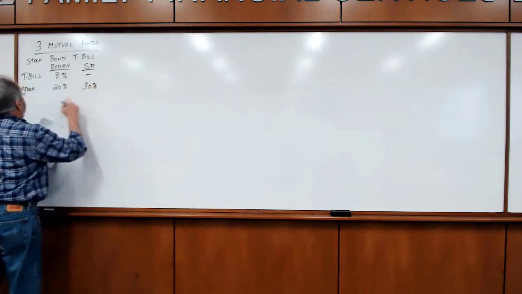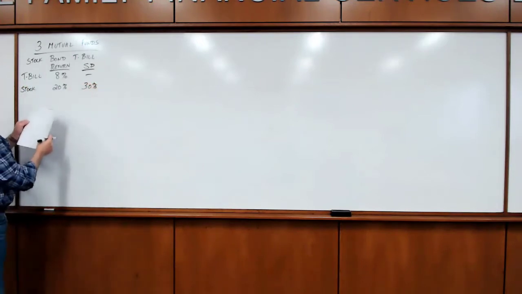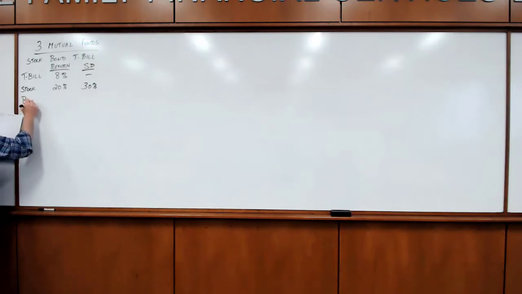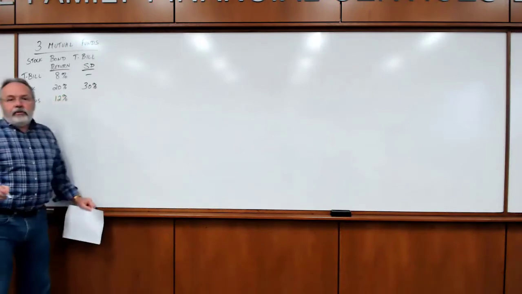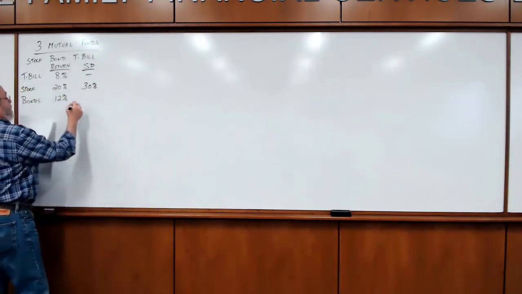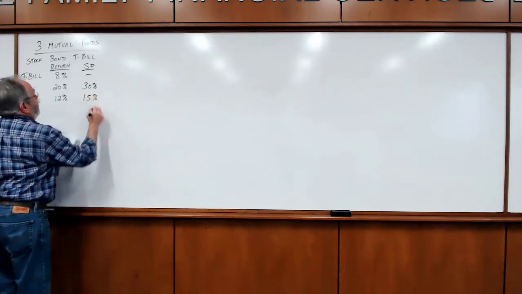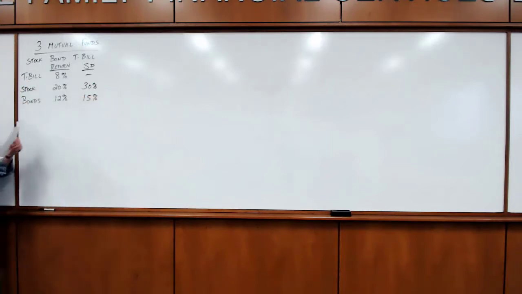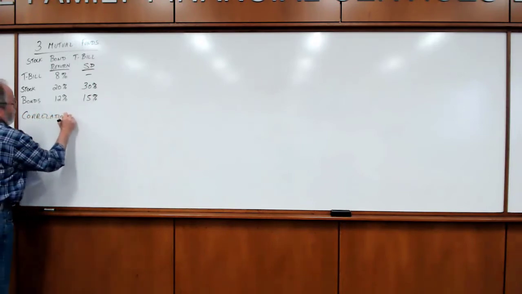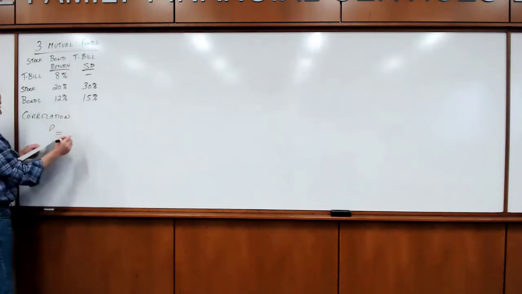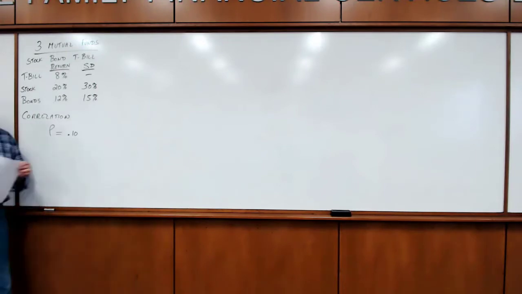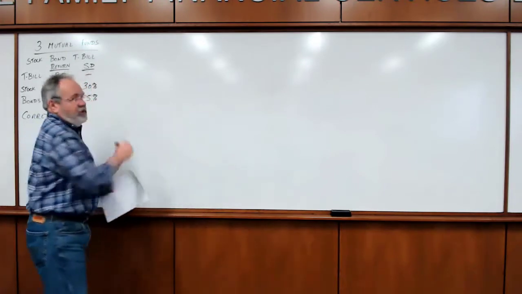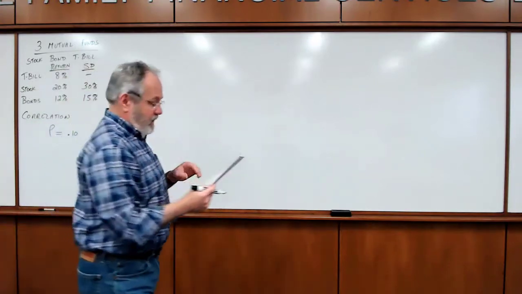Standard deviation of the stock mutual fund is 30%. Bonds return 12%. 15% standard deviation for the bond mutual fund. Correlation, rho, 0.10. Okay? So this is information we need to solve 4, 5, 6, and 7, and then maybe 8.